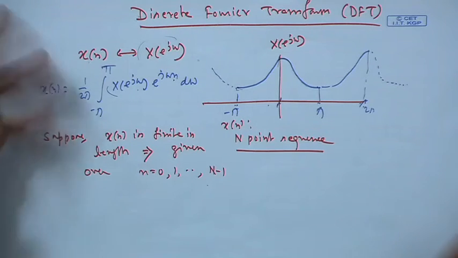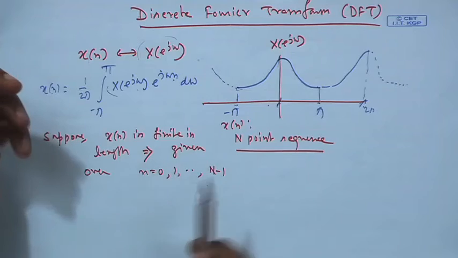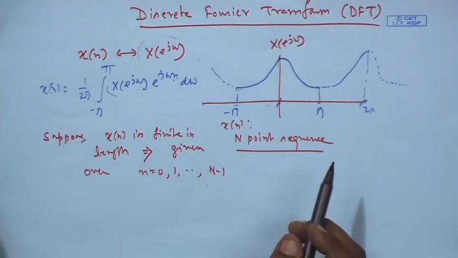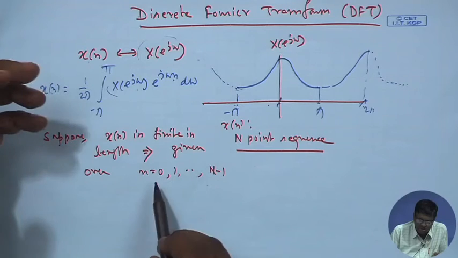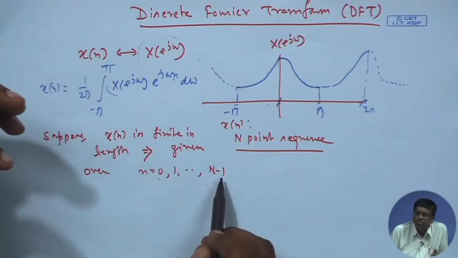We also call it FIR sequence, because if it is the impulse response of any linear system, impulse response meaning actually unit sample response, then it is finite in length. That is why it is called FIR sequence, finite impulse response. Okay. N-point sequence, FIR sequence, it all means that its length is finite.